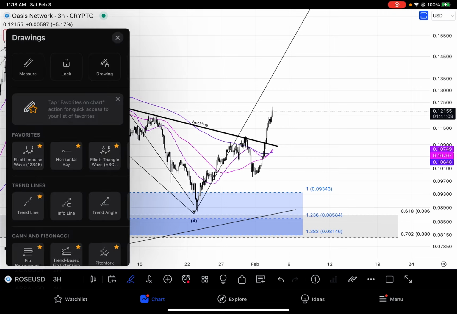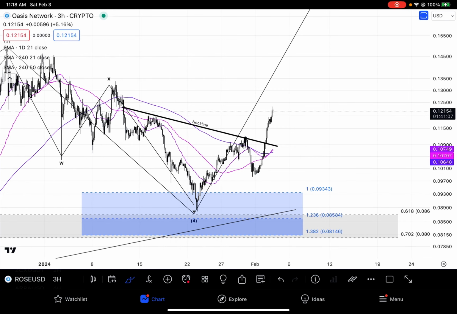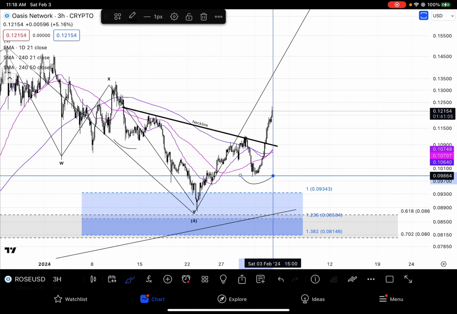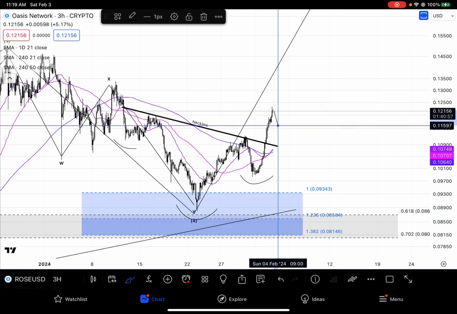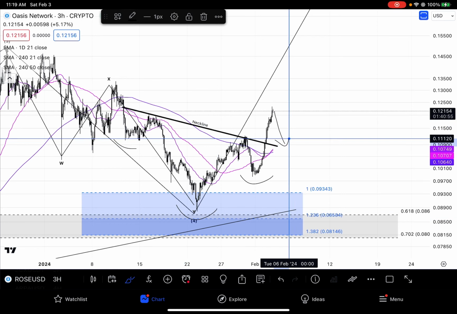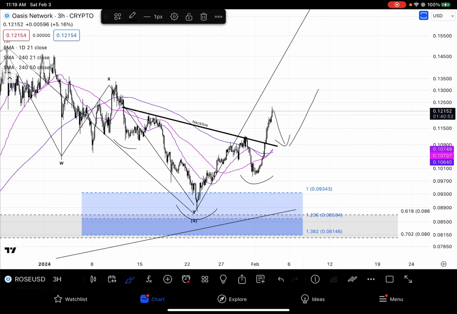Okay, we have an inverted head and shoulders over here. This is your inverted head and shoulders pattern. So if you're going to look for an entry, you're going to want to wait for a pullback to the neckline and then get in.